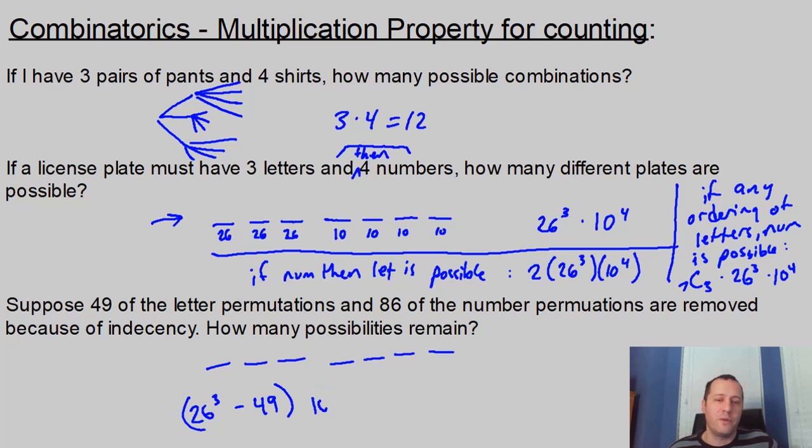It's going to be 10 to the fourth is the total number. And then there's apparently a few number combinations that are profane or whatever, and so we're going to subtract out the bad ones. Right? And that's what we'll get. So that's all you got to do. I'm not bothering to evaluate these because that's not really the point. The tough part's the setup. I'm sure we can all put these into a calculator.